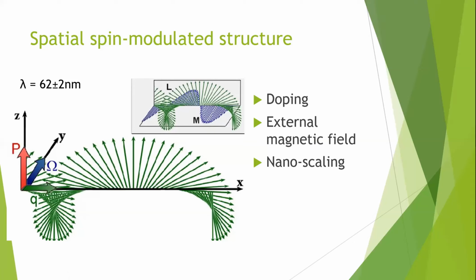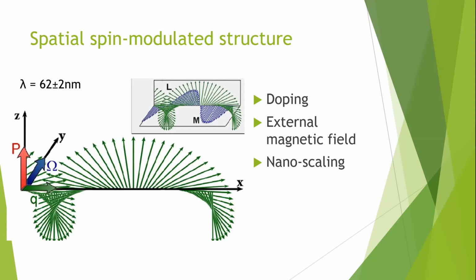To destruct or suppress this spatial spin modulated structure, usually several methods are used. The first method, which we are using here, is doping of A sites with different atoms. The second one is applying an external magnetic field, and it can be applied at different stages, for example at the stage of synthesis, or to the already synthesized sample.